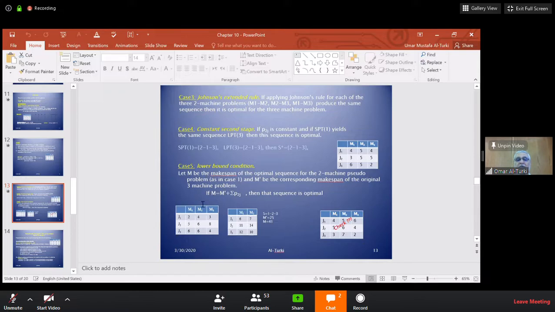Okay? If you draw the Gantt chart for the three machine problem for the sequence 1, 2, 3, and the Gantt chart for the two machine problem for the sequence 1, 2, 3, you find the makespan here and the makespan there. If the difference between the two makespans equals 16 in this case, then the solution is optimal.